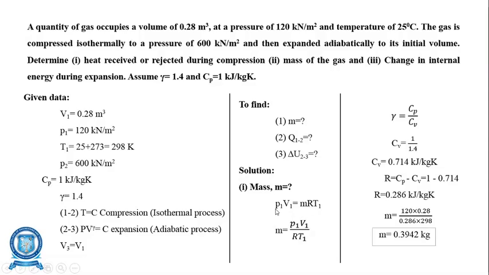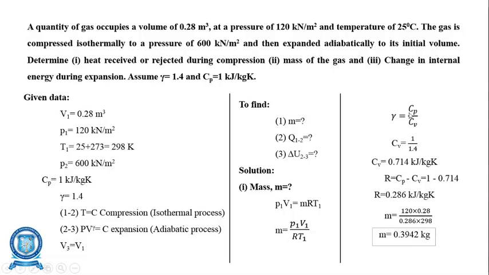The P1 value is given, the V1 value is given, the T1 value is given, and we are going to find m. The R value is not given in the problem, but gamma and Cp are given, and there is a relation between them by which we can find the value of R.